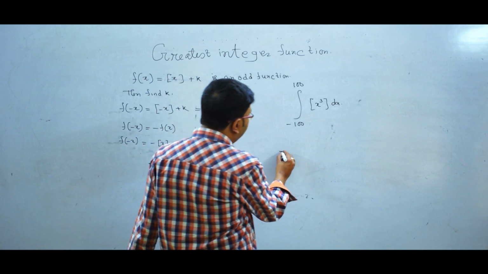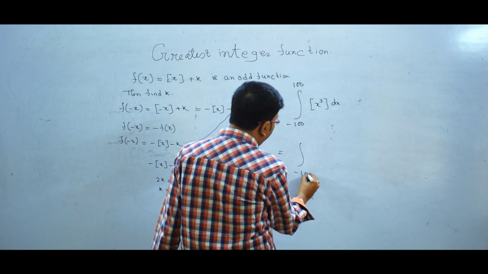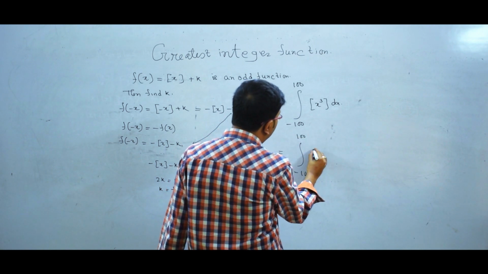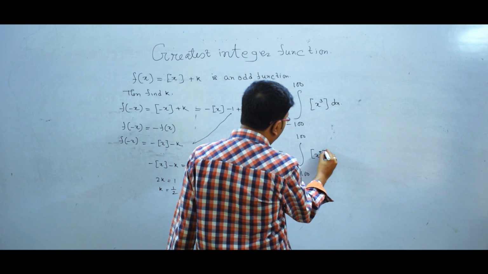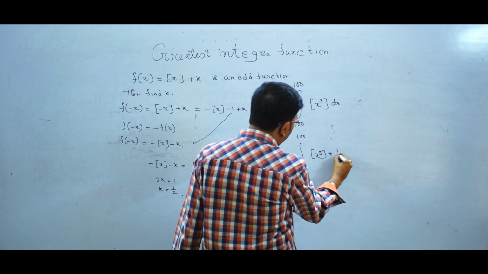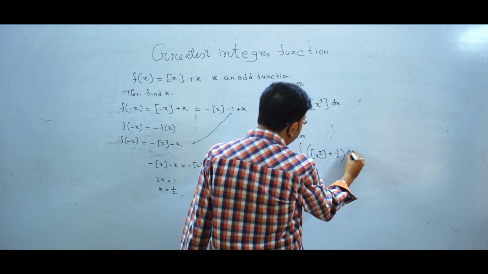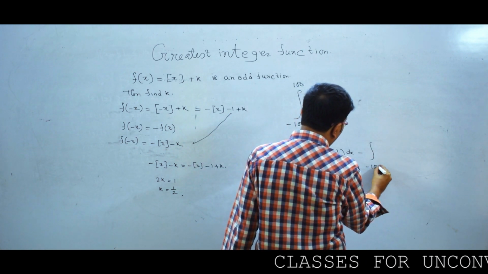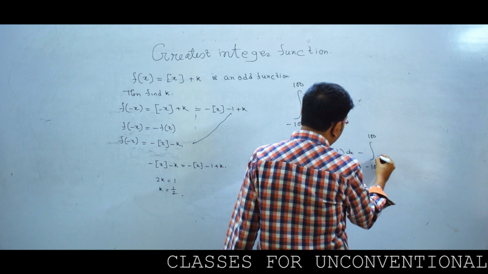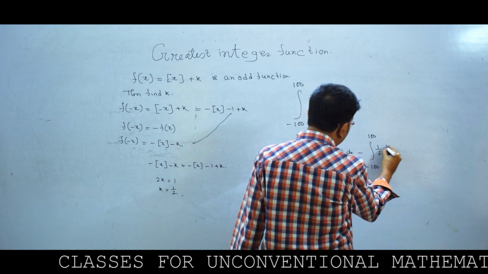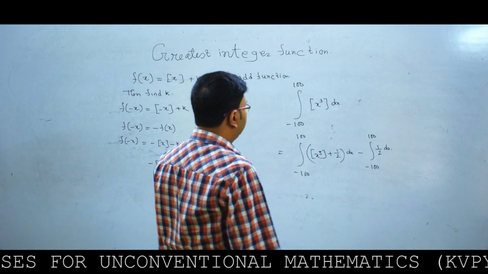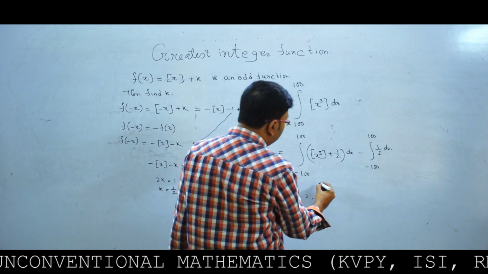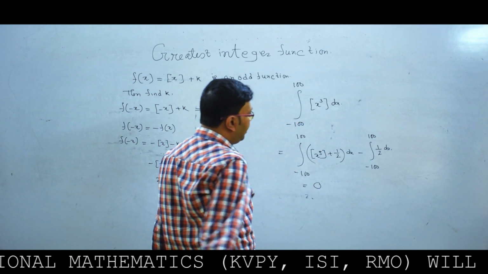So if I do this thing, the integral from -100 to +100 of ({x^3} + half) dx, minus the integral from -100 to +100 of half dx, then this portion is odd, so its value is 0.